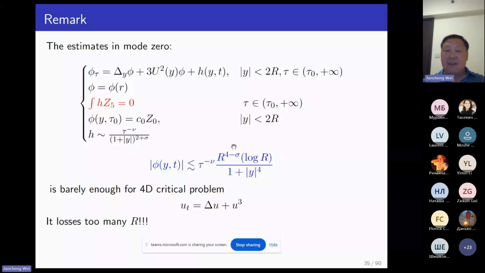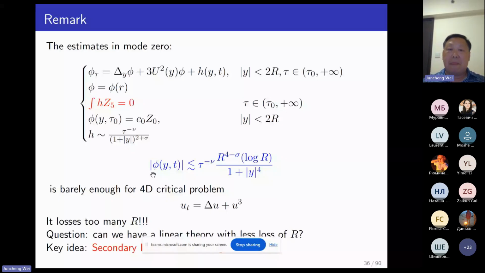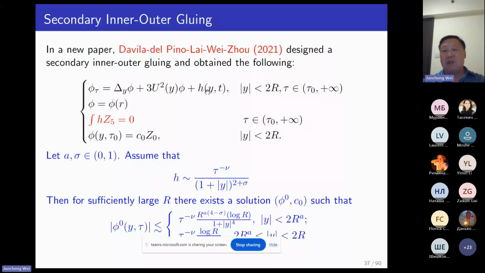But you can use the same idea and do a secondary inner-outer gluing, where you cut a little bit more inside. The expense is that now you don't know what the constant C is, you don't have the Lagrange multiplier, but then you can lose just a little bit of R inside.